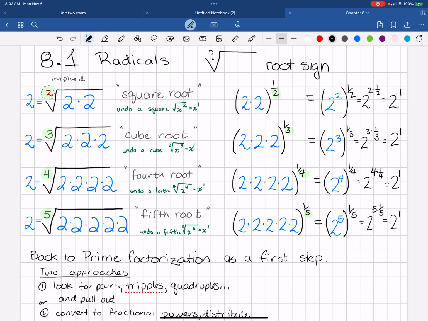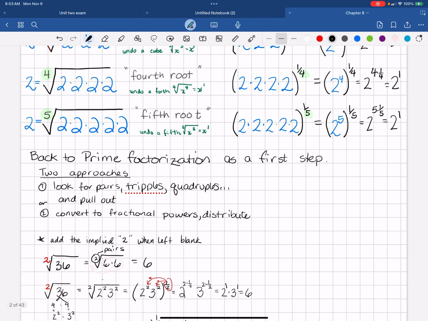So those are basically what radicals are. There are 2 approaches. The first thing we're going to have to do, I want to highlight, is prime factorization. That's our first step. And then there are 2 approaches.